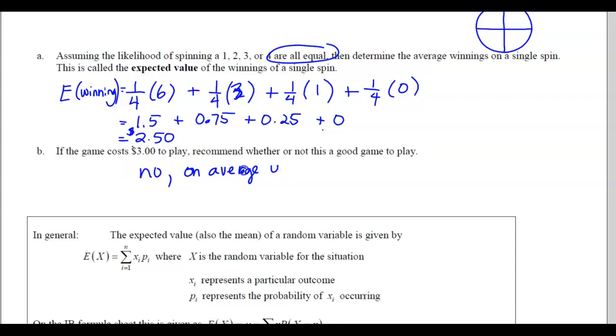Now, you might play the first time, go for it, $3, and you might get $6 right away. Okay? You made money, stop.